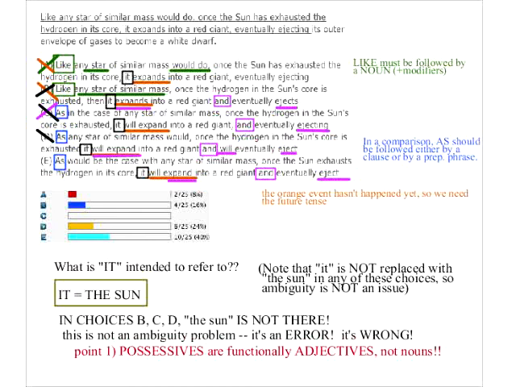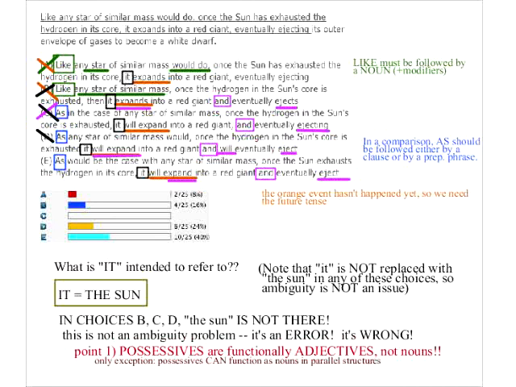The only exception is in parallel structures. Let me just give you an example. If you have a possessive, it can function as a noun in parallel structures.